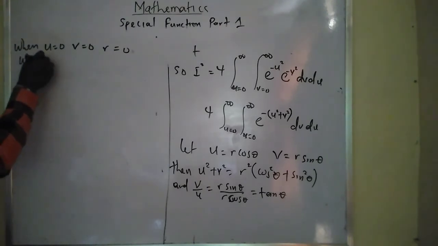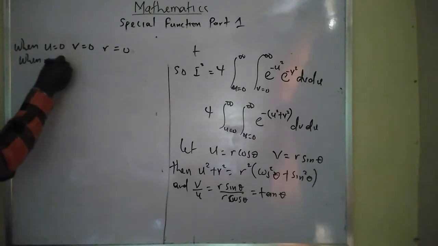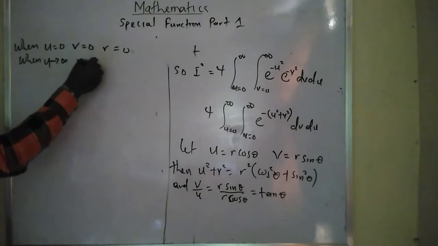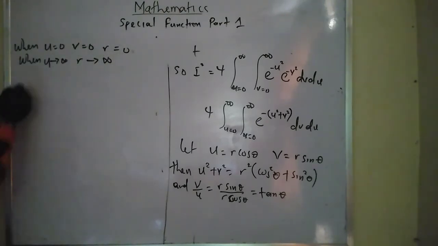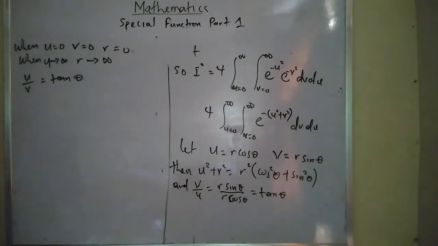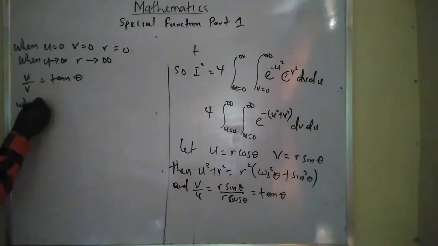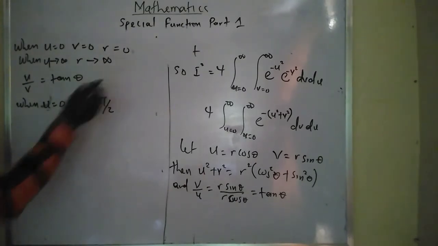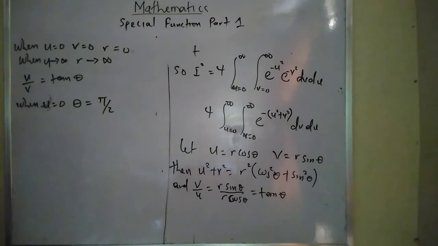When u tends to infinity, r tends to infinity. Now v over u equals tan theta. When u equals 0, my theta will be 180 degrees, which is pi over 2.